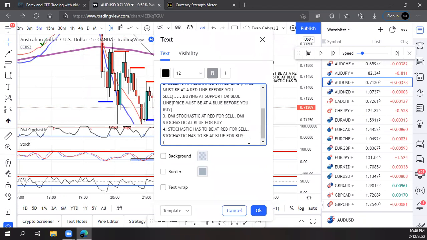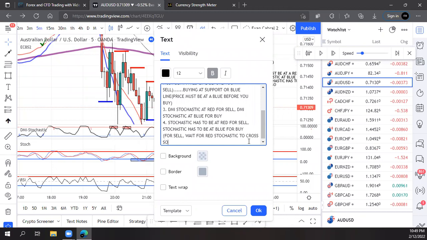For sell, I'm gonna add it in the brackets: wait for the red stochastic to cross down the blue.